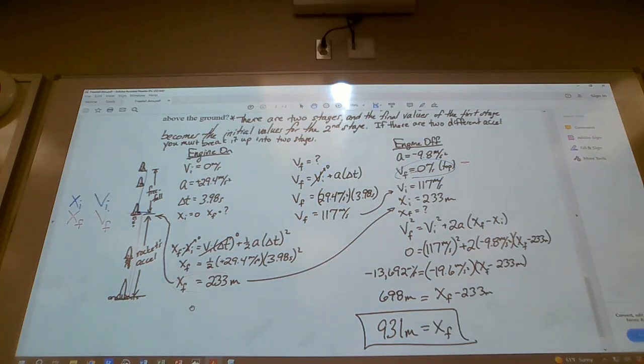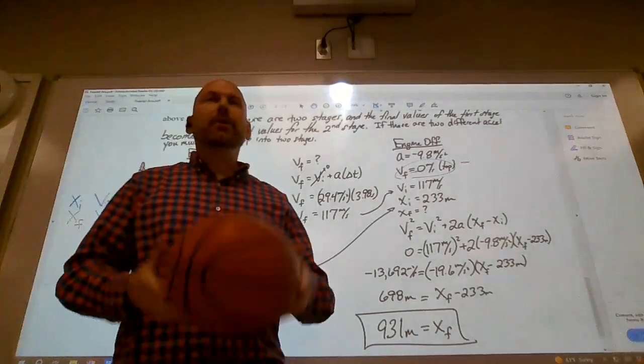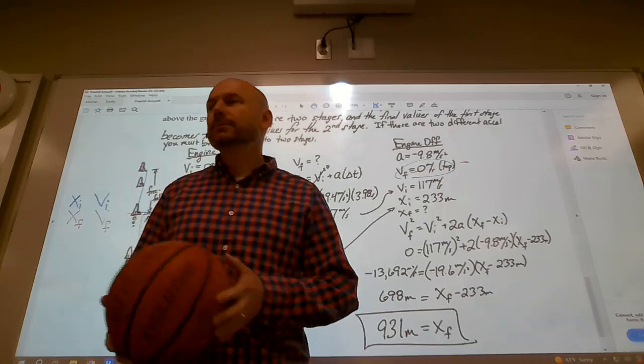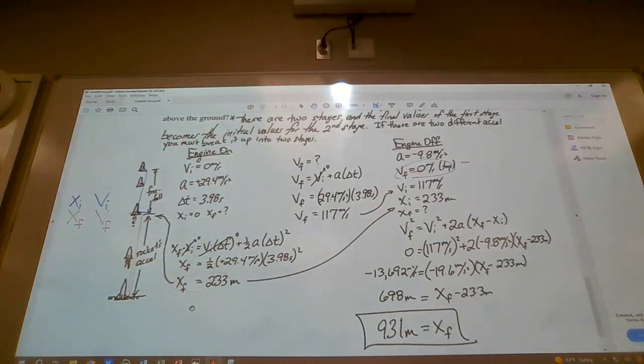All right. I'm going to do a quick little experiment. I'm going to take a basketball and throw it straight up. I'm going to do it with a motion detector. I want you to draw the position versus time graph, velocity versus time graph, and acceleration versus time graph of this whole process.